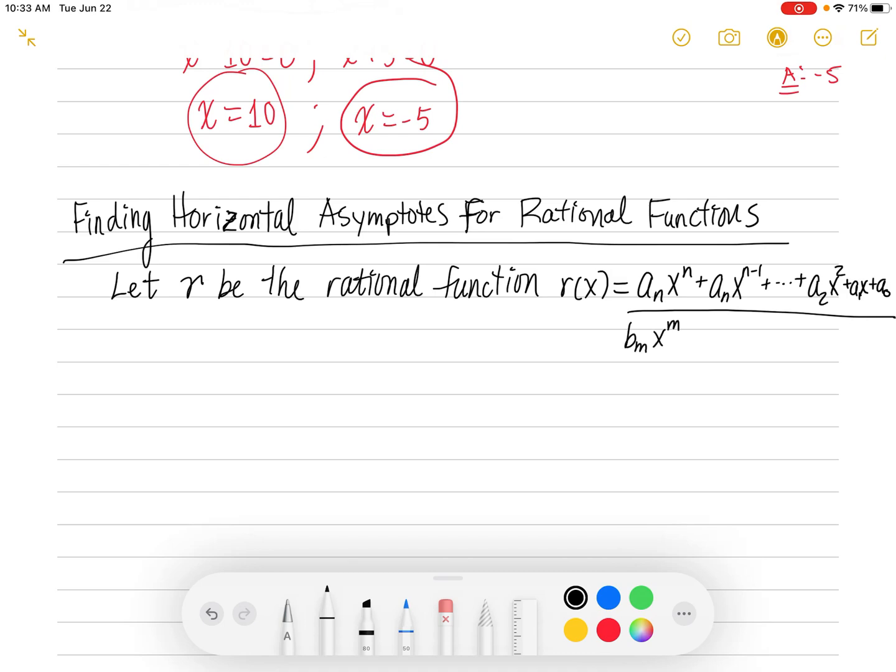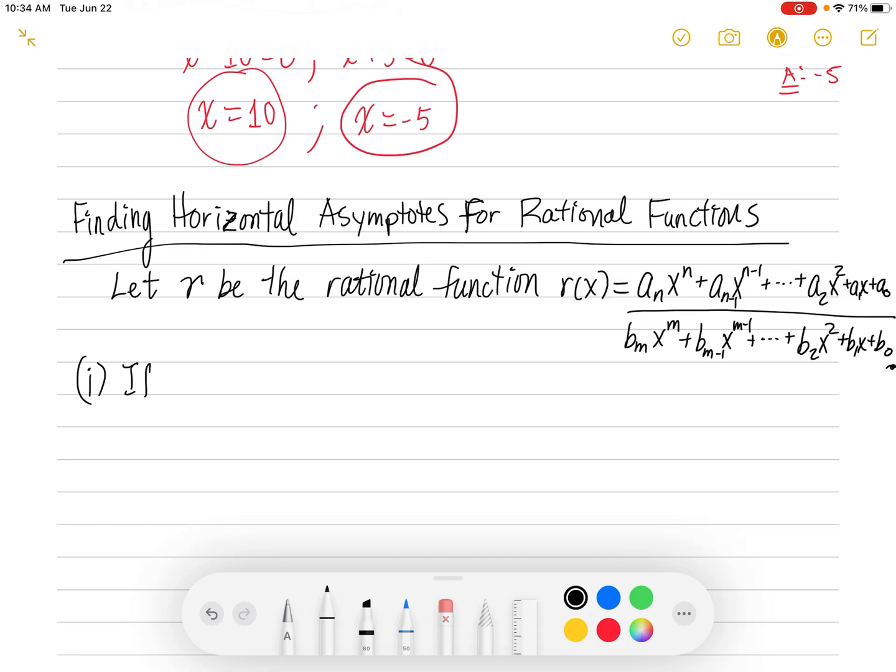So I have a polynomial on top, and remember you have a polynomial on bottom. I'm going to write this in the form b_m x to the m plus b_(m-1) x to the m minus 1, and so on and so forth, b2 x squared plus b1 x plus b0. So on top I have a polynomial, on bottom I have a polynomial. That's what a rational function is.